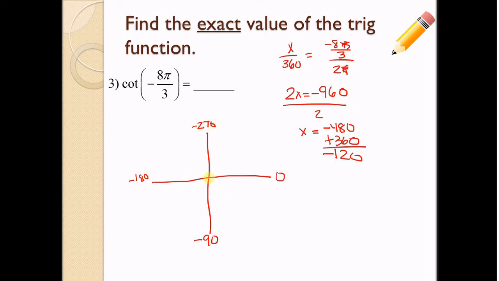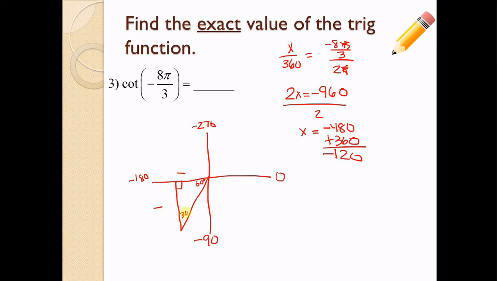Negative 120 is about right here. Drop my perpendicular down. So negative 120. My angle is going to be 60 degrees right here. Perfect. So I'm going downwards and left.